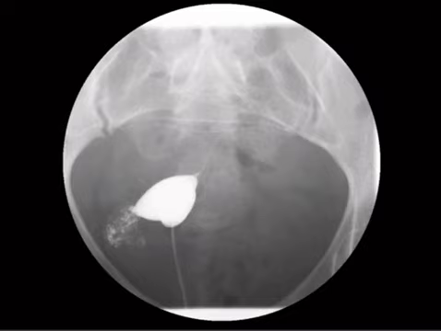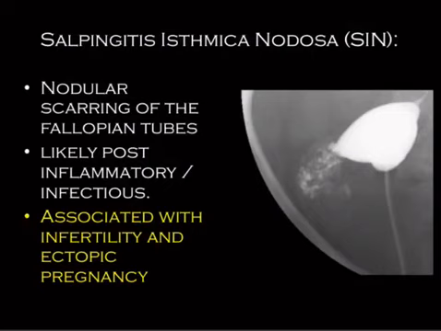Alright, so let's take a closer look at this case. So this is one of the other entities, besides Asherman's, that you should know, and it's salpingitis isthmica nodosum, which is basically a bunch of nodular scarring that happens in the tube secondary to infection or inflammation.